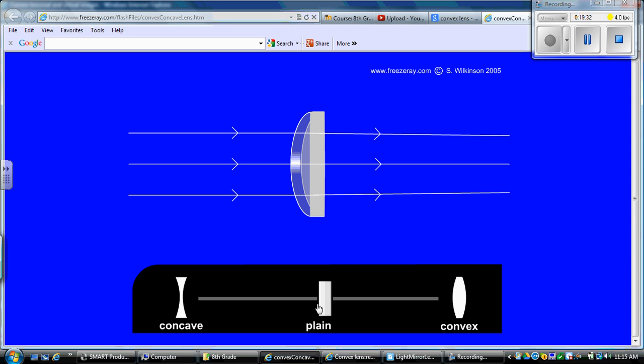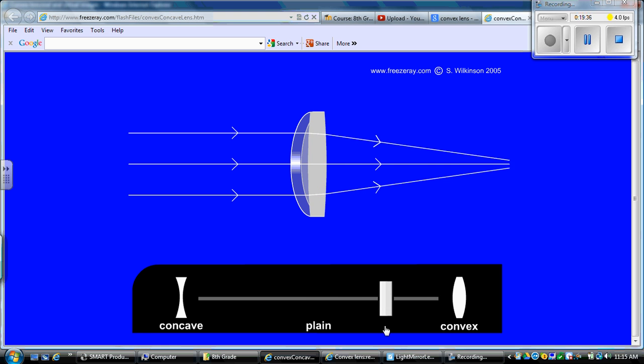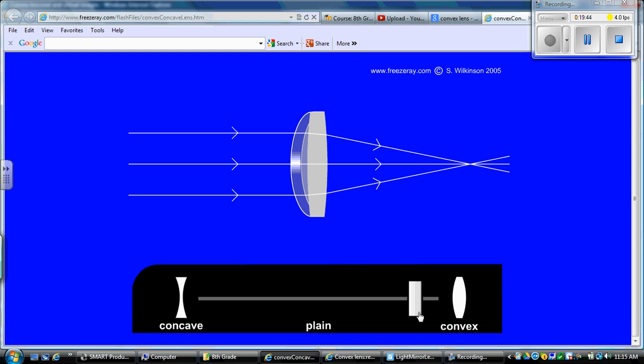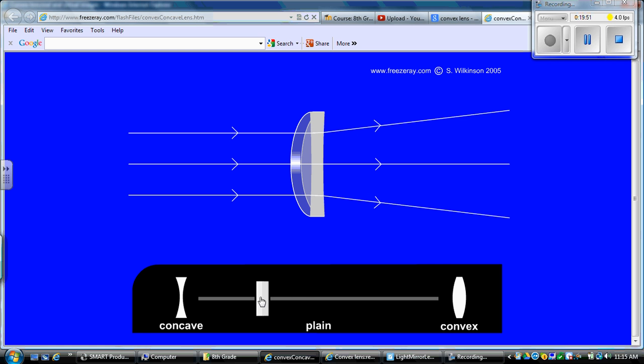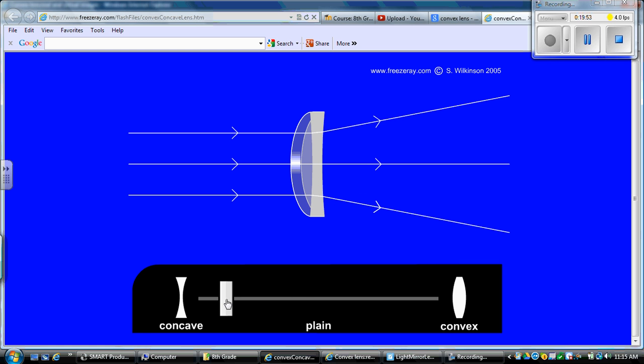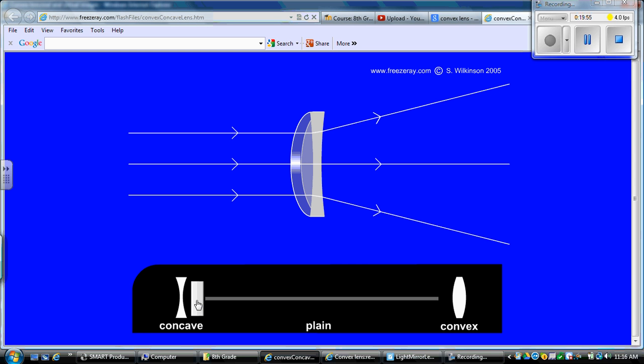But if you look as I start to move, a convex lens starts to bend those reflecting rays at a certain point. Just like that. And then if you look, plane mirror, then we go to concave. Concave bends the reflecting rays outward.